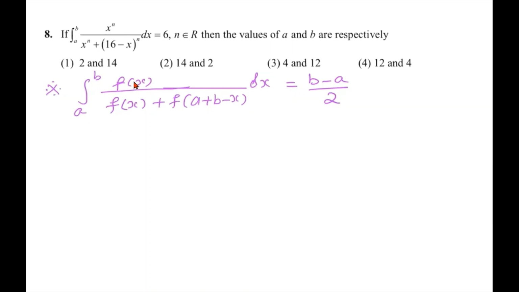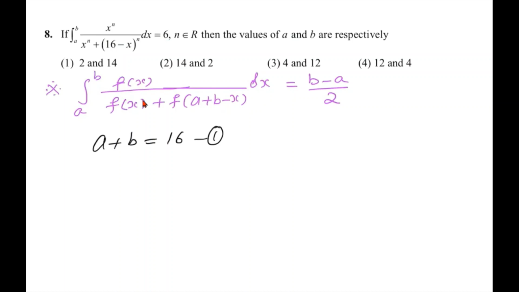Now comparing this with the given problem, in place of a plus b you have 16. So a plus b, sum of the limits, is 16, call it as 1. But the answer for this is 6.